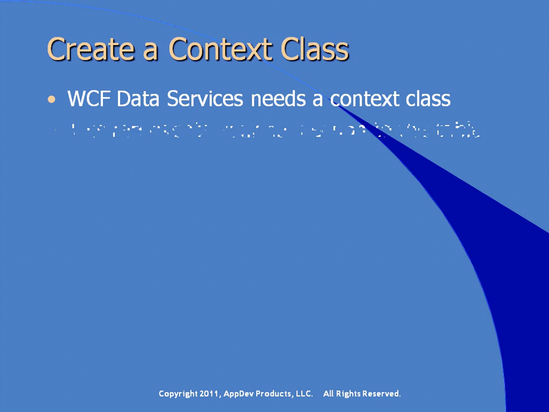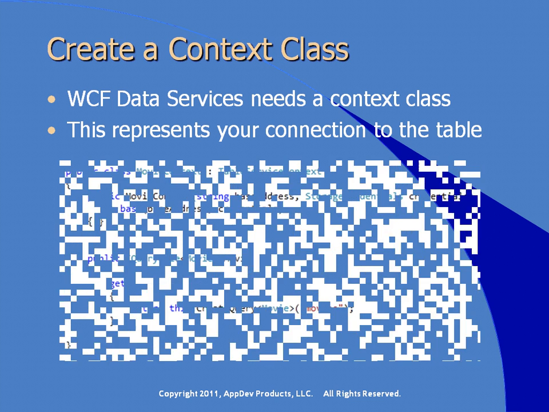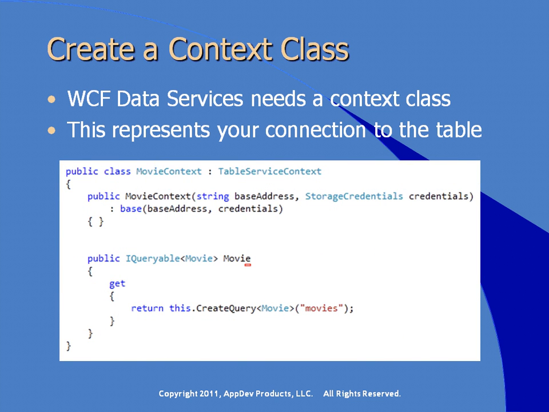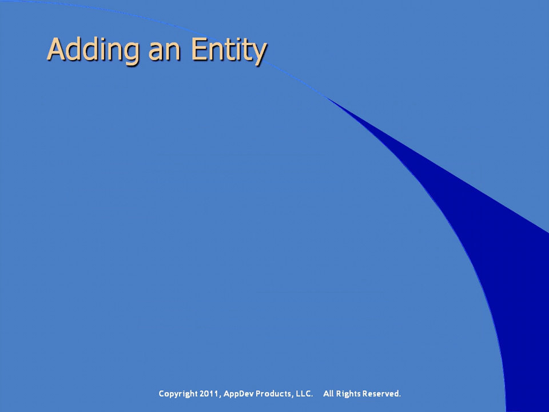So we need to define a context class, and the context class is what represents our connection to the table. So here we're defining a movie context class, and that class is going to inherit from the table service context. So let's talk about how you would add an entity.